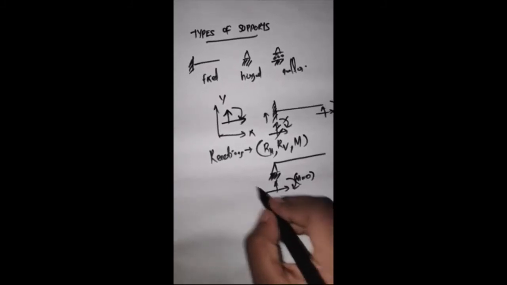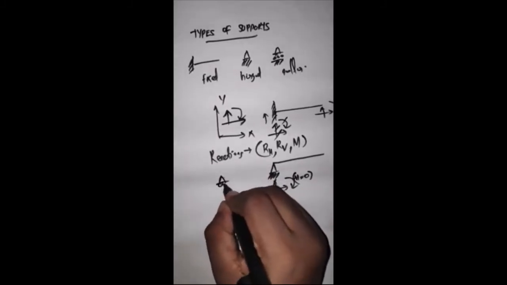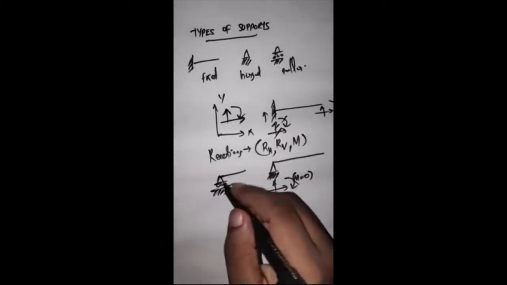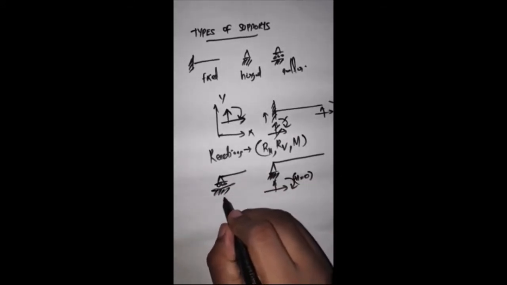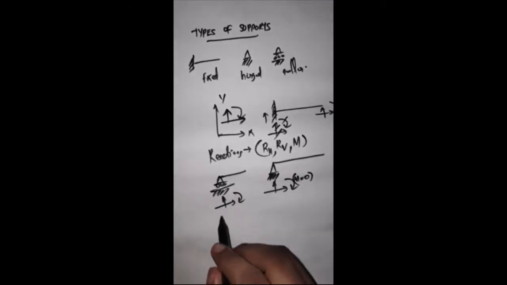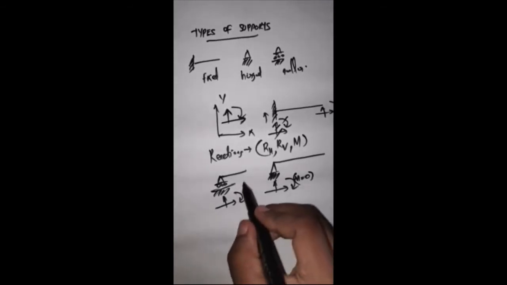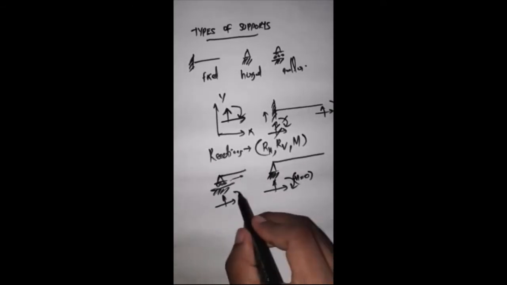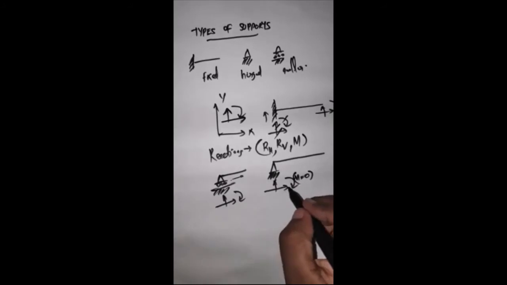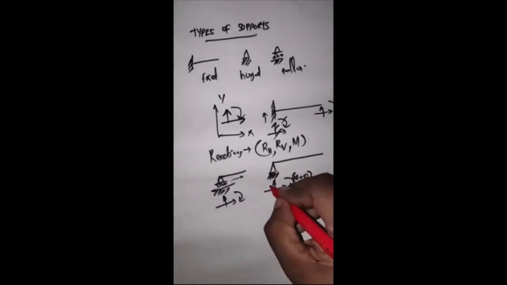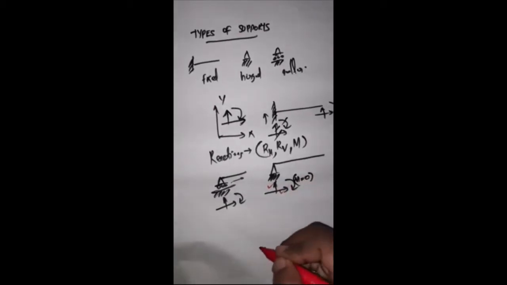Now in the case of a roller support like this, it can have a vertical reaction, a horizontal reaction, as well as a moment. But a roller support permits motion. The roller support is allowed to move and it is allowed to rotate. So in this case only the vertical reaction will be there.